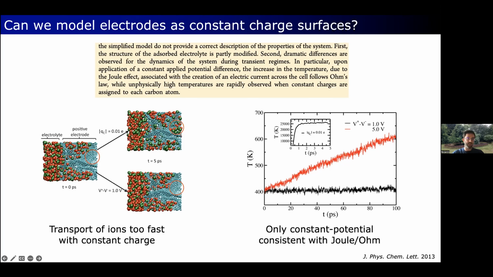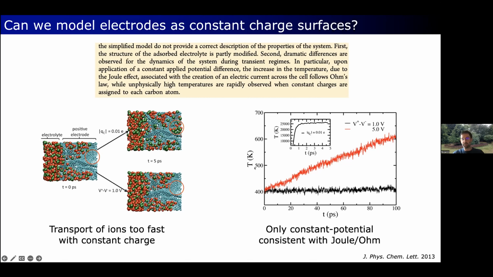Whereas if you instead start from the same configuration and assign to all electrode atoms the average charge that the electrode atoms will eventually get if you wait long enough at the same voltage, then within a few picoseconds, all the pores are filled, the ions have been driven by a very large field. And in fact, it's way too fast.